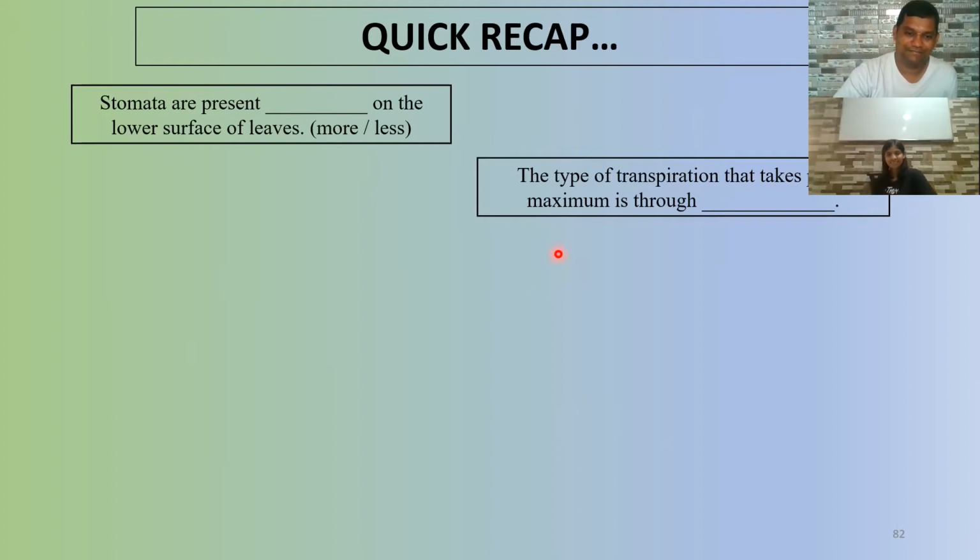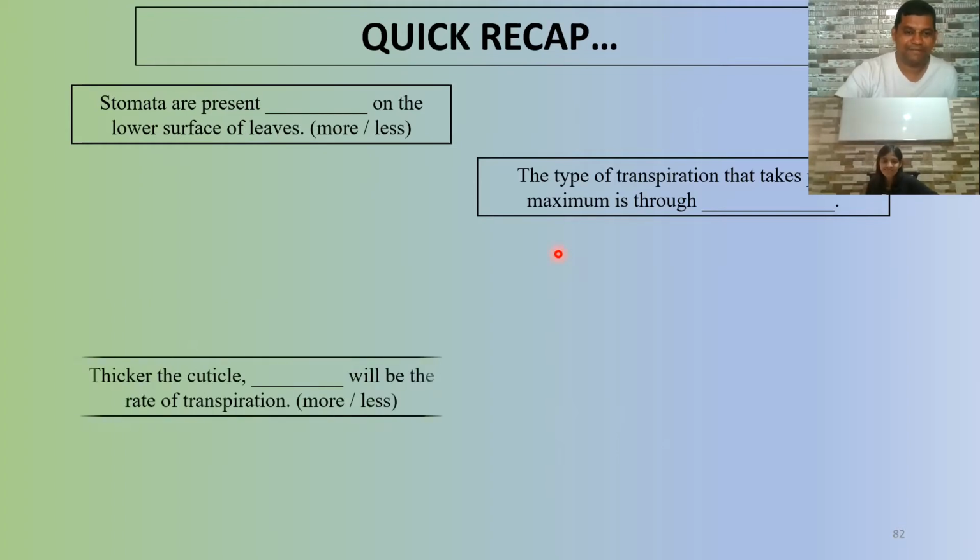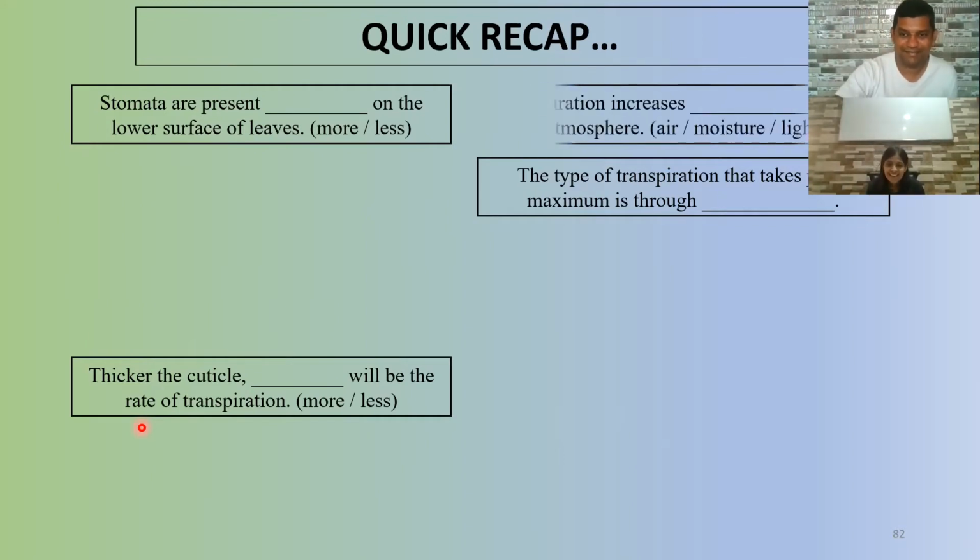Stomata. So easy, it should come even without options. Next. Because the cuticle is less thick, the rate of transpiration through the cuticle is less. Very good. Next.